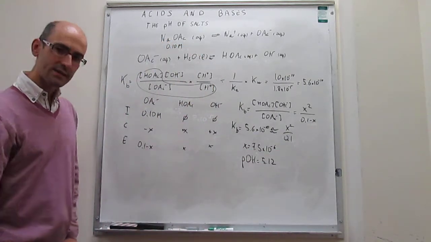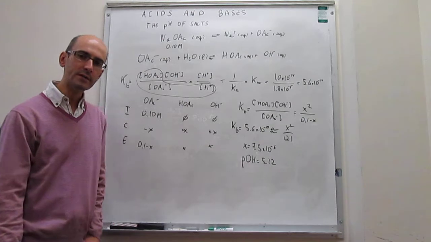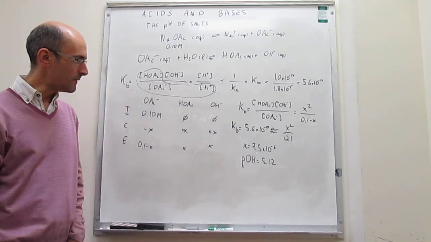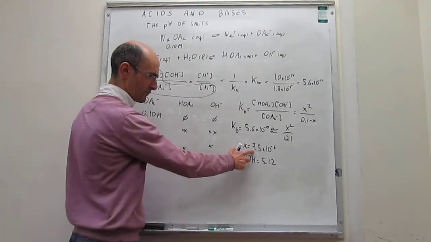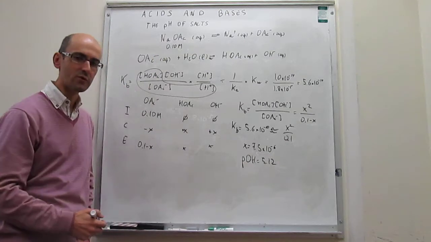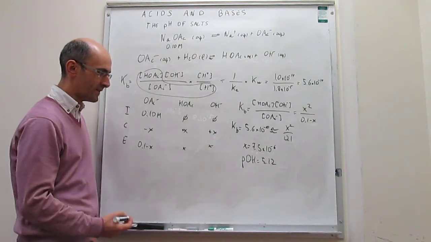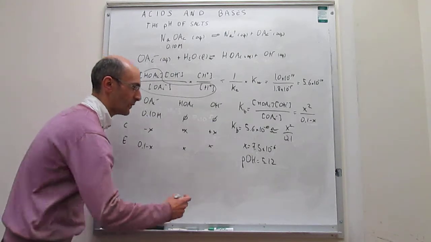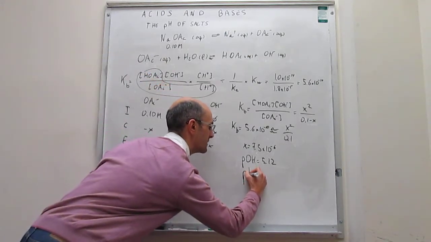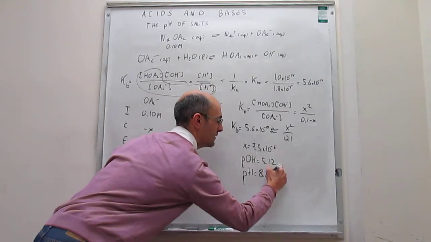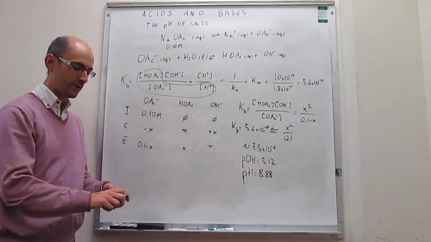The problem is asking us to calculate the pH, so we now invoke the auto-dissociation equilibrium of water: the concentration of OH times the concentration of protons is equal to 10 to the minus 14, or the sum of the pH and the pOH is equal to 14. That means the pH is equal to 8.88. Those two numbers have to add up to 14.